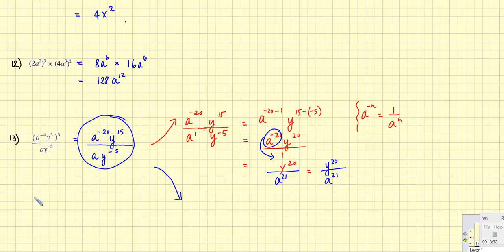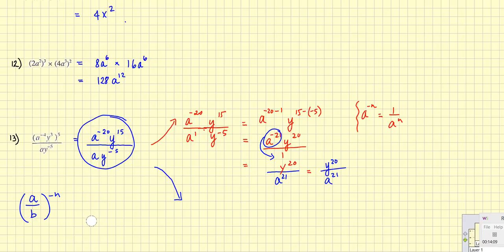I'm using the law that says if I have a over b to the power of negative n, I can make both of those positive by bringing b up to the top, where it becomes to the n, and a will go down to the bottom so that it becomes positive as well.